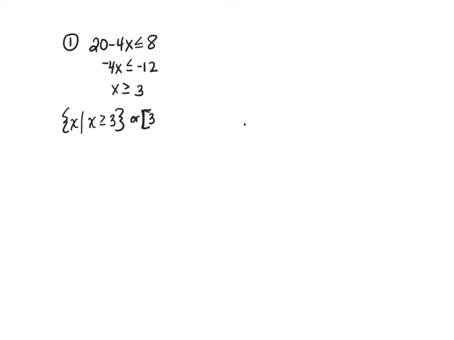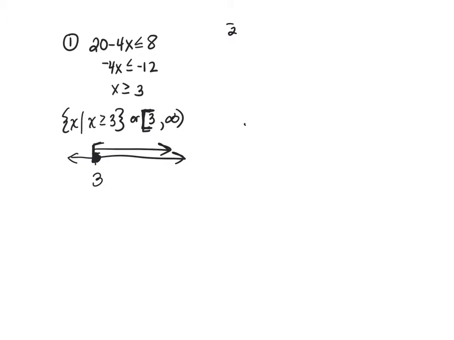You have to use the hard rigid bracket because it's including 3 with the equal sign, all the way to infinity. And infinity always has a parenthesis. And then if we were to graph it, 3 would be here, a closed circle would be here, or a hard bracket would be here, and you go out.